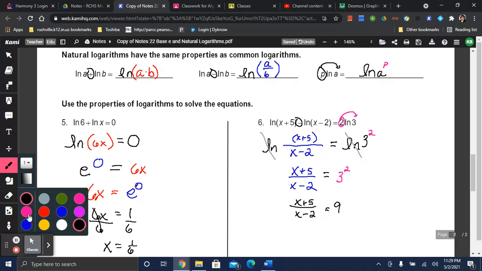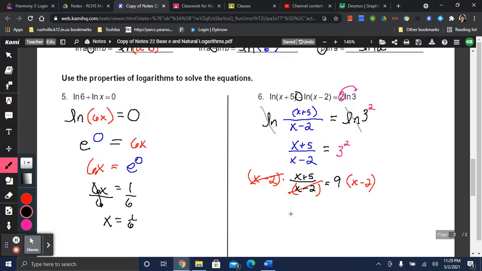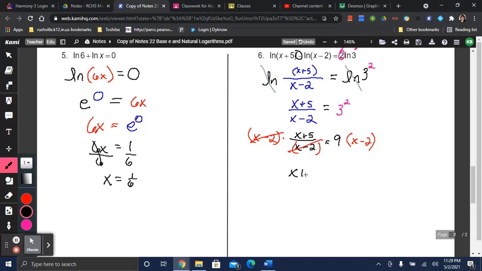Now to solve that type of equation, we can multiply both sides by the denominator, x minus 2. The x minus 2's will cancel, and so then we have x plus 5 equals, and we can distribute. So that's going to be 9x minus 18. You can subtract 9x from both sides.